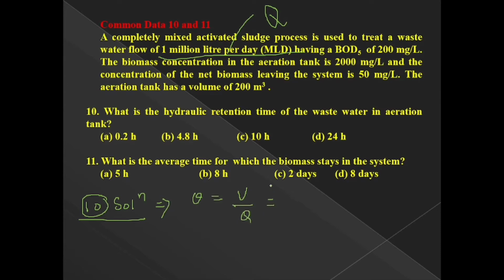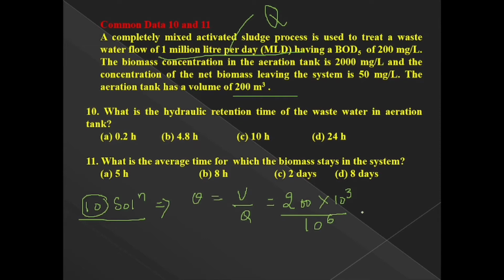Volume is given as 200 meter cube, so 200 into 10 to the power 3 liters, whole divided by the discharge, given as 1 million liters per day, which means 10 to the power 6 liters per day.